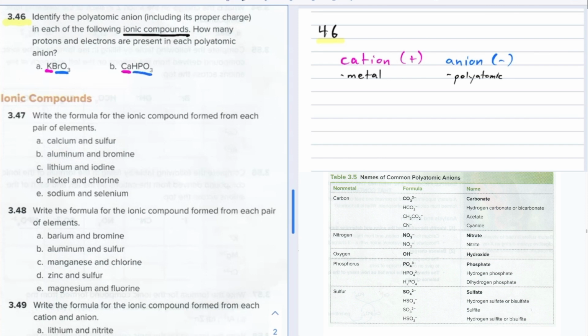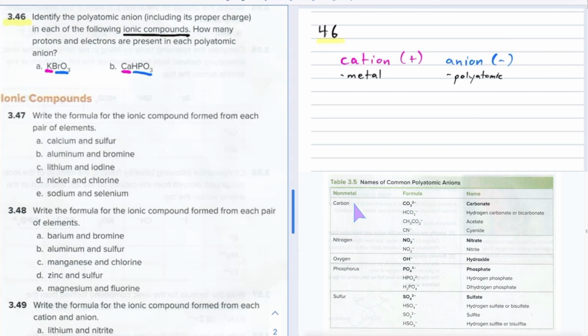So here we can go to table 3.5 to figure out what the name of the anion is. Okay, so how about the BrO3?